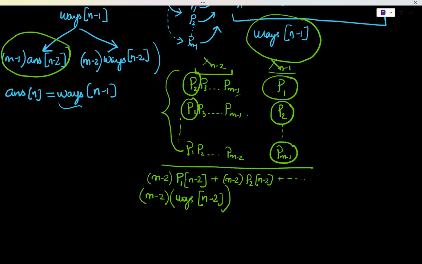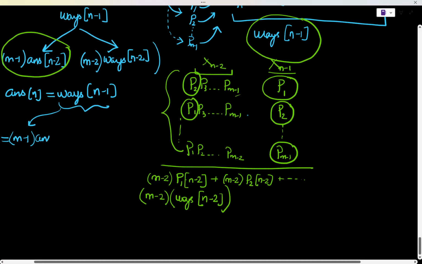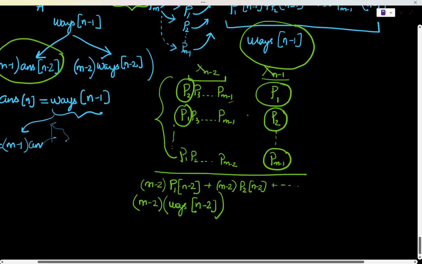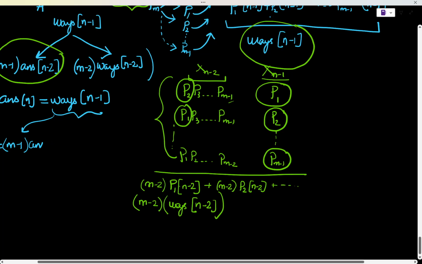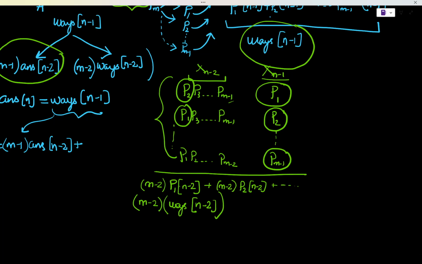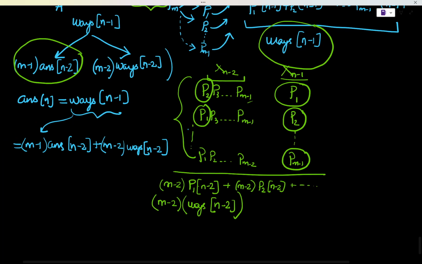And this, in turn, we have broken down to come out to be m minus 1 times answer after n minus 2 passes. Apologies for that. Let's fix that. Answer after n minus 2 passes plus m minus 2 times ways, that is how many ways P1 to Pm minus 1 received the ball after n minus 2 passes. Right? That's the contribution.